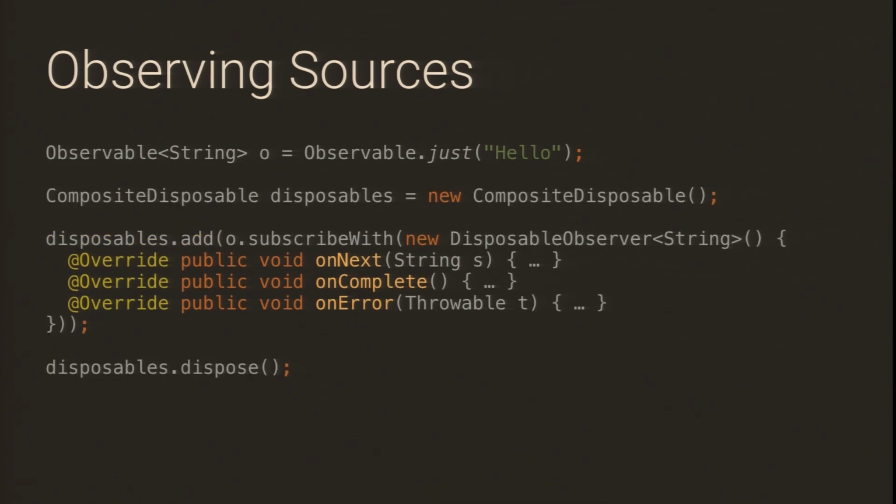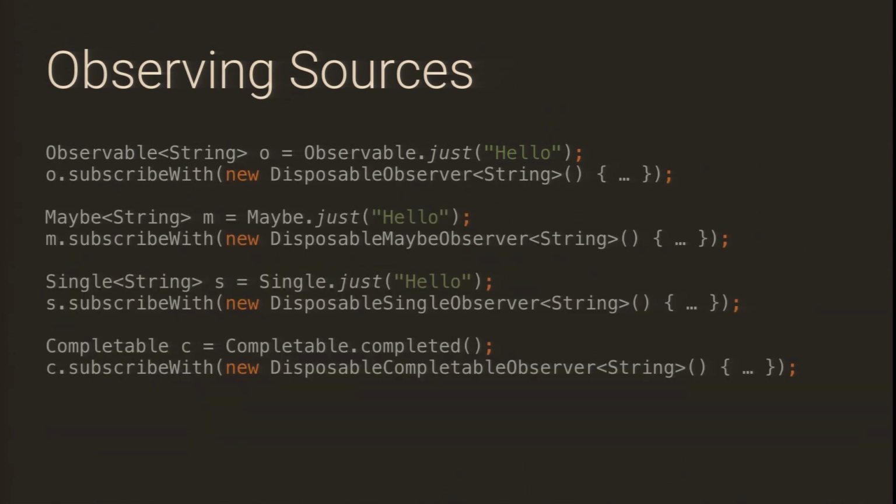If you're subscribing to multiple sources at the same time, you can manage those using something called a CompositeDisposable. Basically, it's just a list of disposables. Super important on Android because we see a lot of UIs subscribing to a lot of sources, and then when the UI is disappearing, you want to unsubscribe from all of them at once.